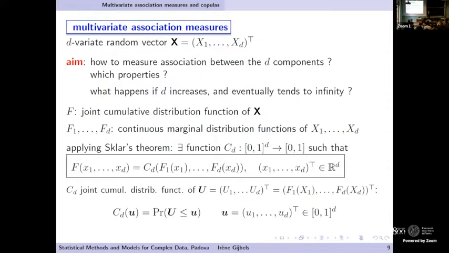And it couples again the joint distribution function between the components X1 to Xd with the marginals. And so again, C_d, the copula, is actually the joint cumulative distribution function of these uniformized marginals.